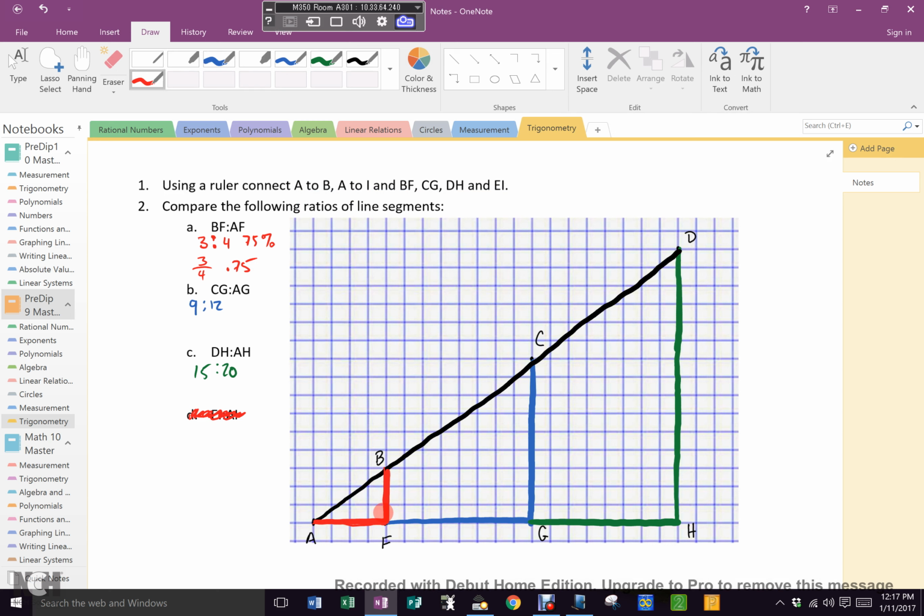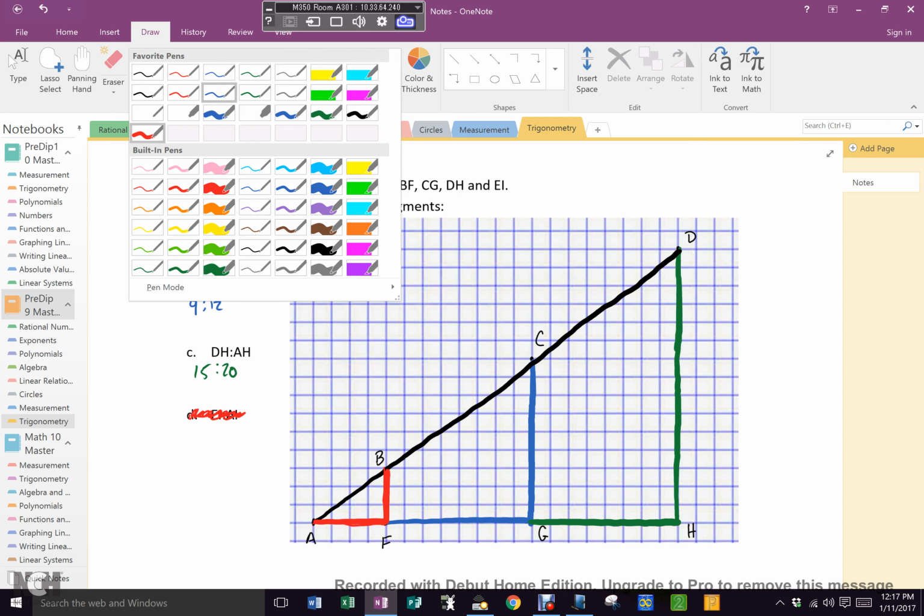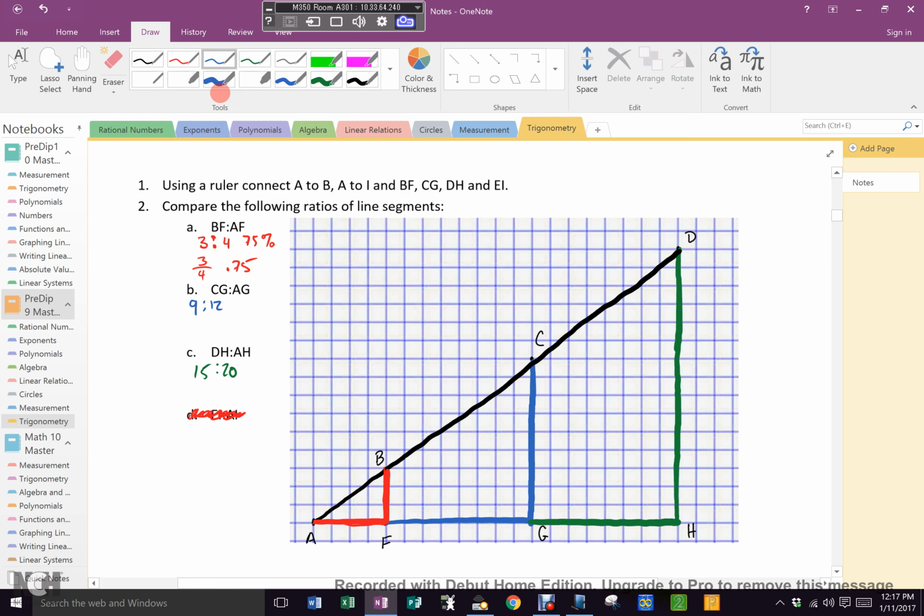A big triangle? The big triangle is ADH, correct? And then it makes a middle-sized triangle, which is what? ACG, right? And it makes a little triangle, which is what? ABF, yes? What is the thing that is shared by all three of those triangles I just made?